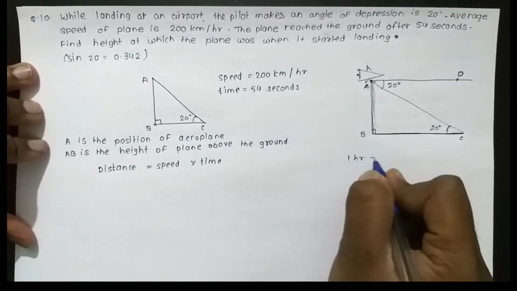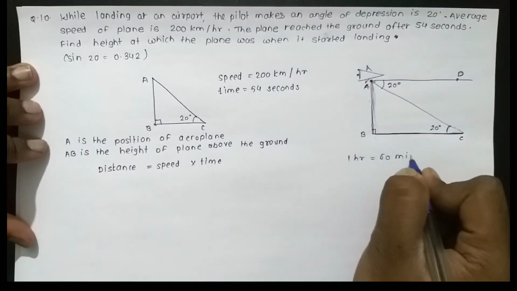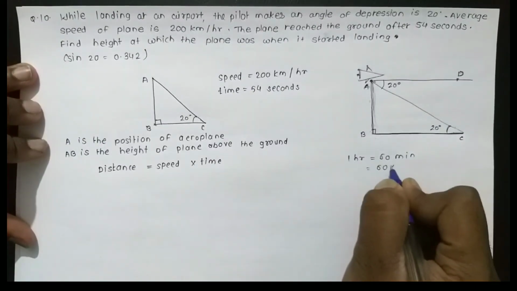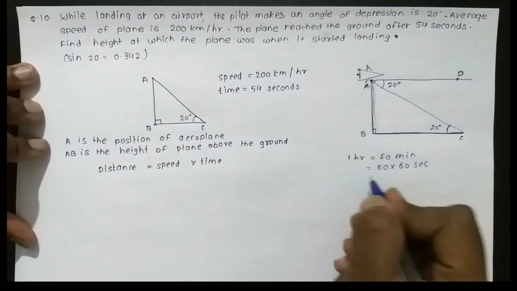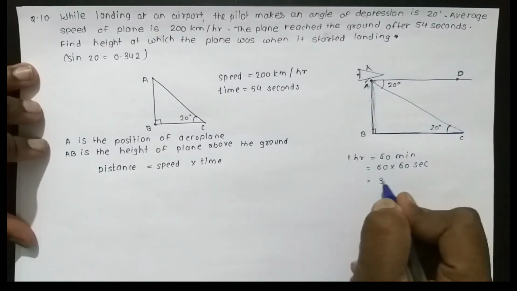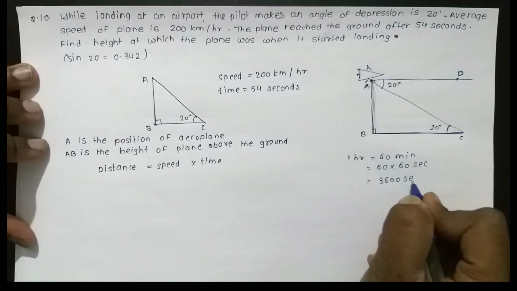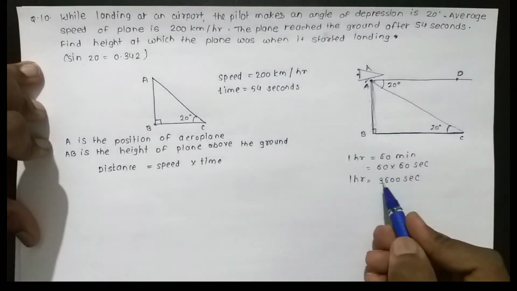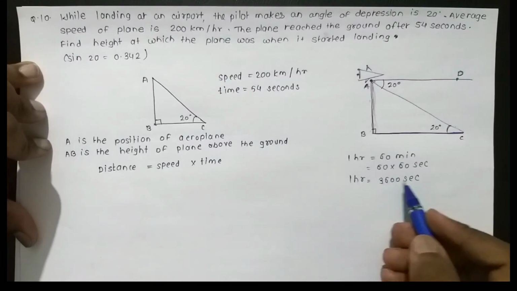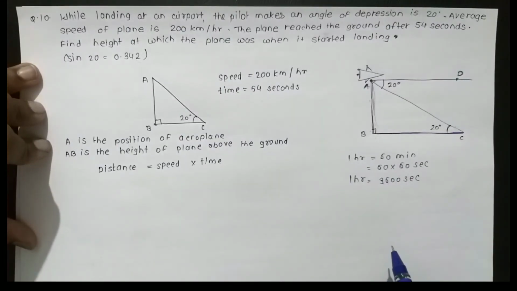So 1 hour is equal to 60 minutes. 1 minute is equal to 60 seconds. 6 6s are 36, and two zeros. So 1 hour becomes 3600 seconds, right?